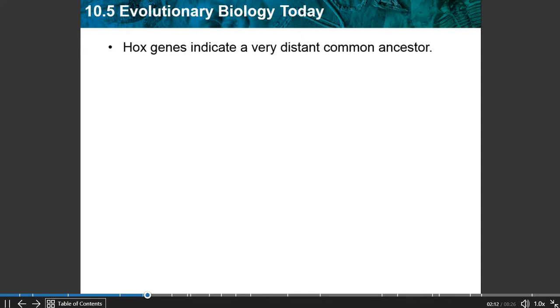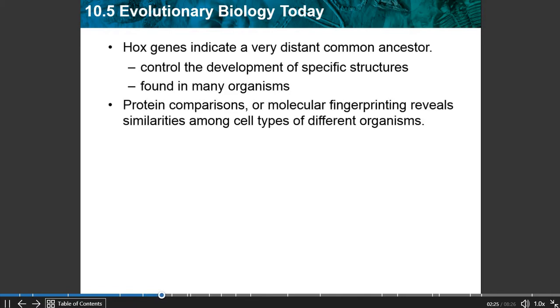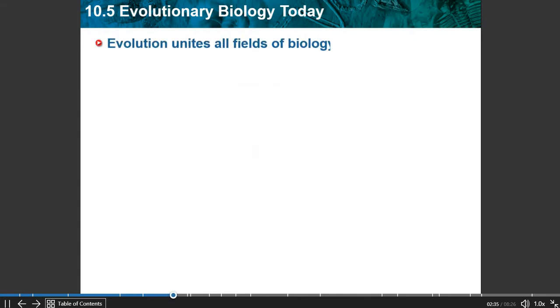Hox genes are another thing that indicates a very distant common ancestor. They control the development of specific structures, and they're found in many organisms. Protein comparisons, or molecular fingerprinting, reveal similarities among cell types of different organisms as well.